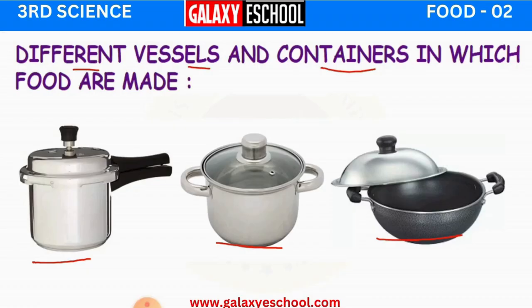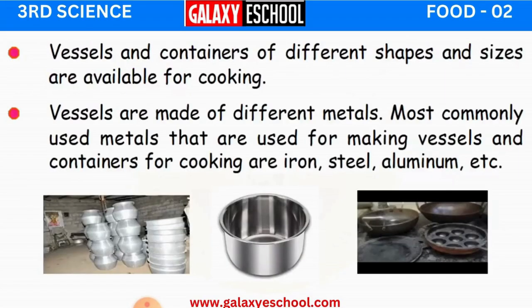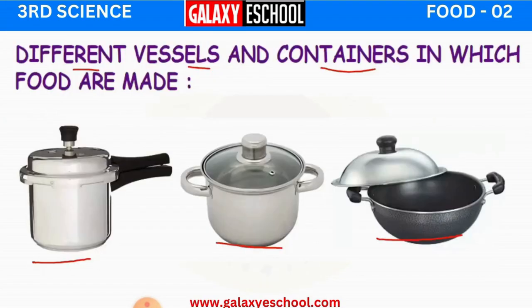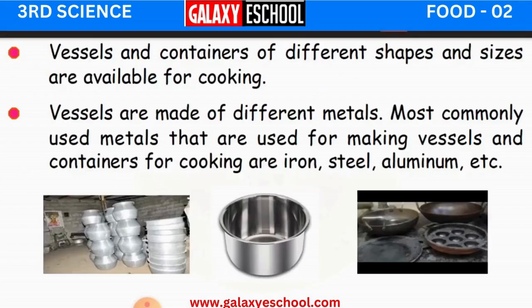So we use so many different vessels and containers. Vessels and containers of different shapes and sizes are available for cooking. And why do we use them?